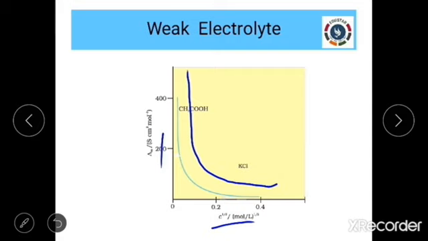That is, the molar conductivity cannot be extrapolated as we achieve in the case of the strong electrolyte. In a strong electrolyte we extrapolated the straight line to the y-axis, right? But in the case of a weak electrolyte we can't achieve this, the line will just go on increasing.